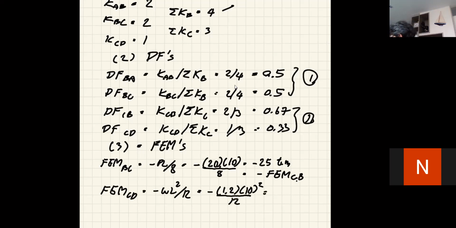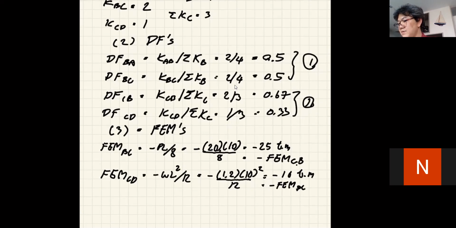So that is equal to minus 10 ton meter, and this is equal to minus FEMDC. Okay, so we have set ourselves up to do the distribution. So you guys ready? I hope that I have enough space for you.